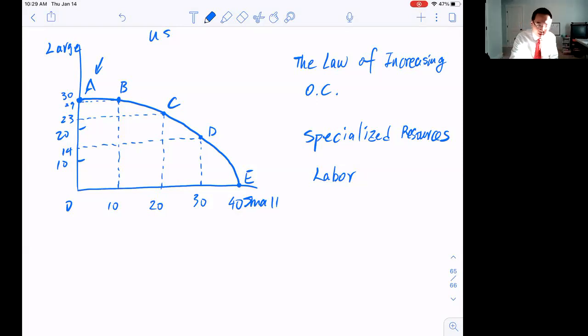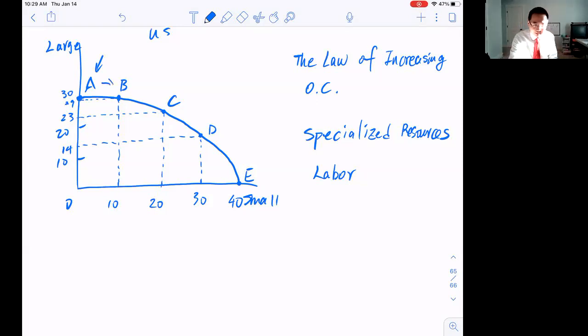However, as we go from A to B, B to C, C to D, and D to E in this process, by the time we get to E, everybody's working on small airplanes, including all the large airplane engineers. So in this process, we're shifting more and more non-specialized resources toward small airplanes, right? And in fact, at the end, when we go from D to E, we're telling all the large airplane engineers, hey, you guys need to go work on small airplanes.